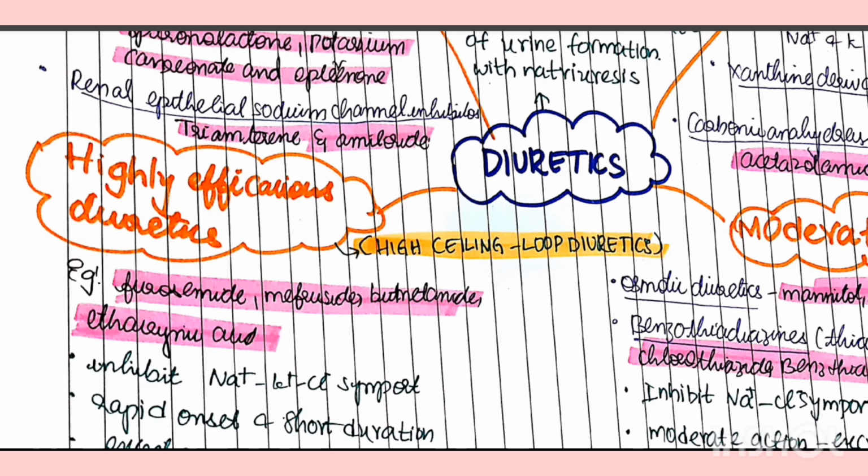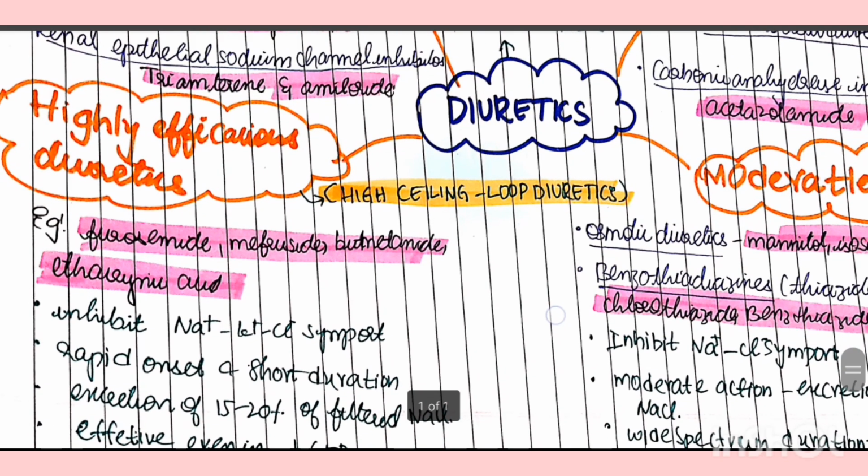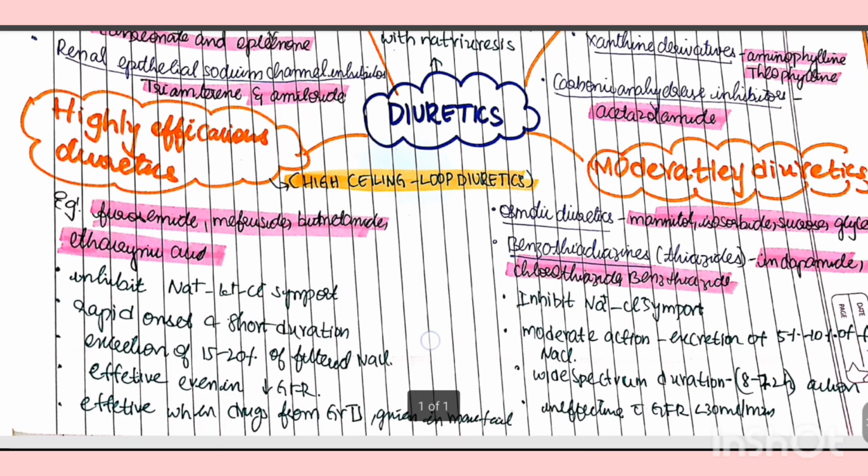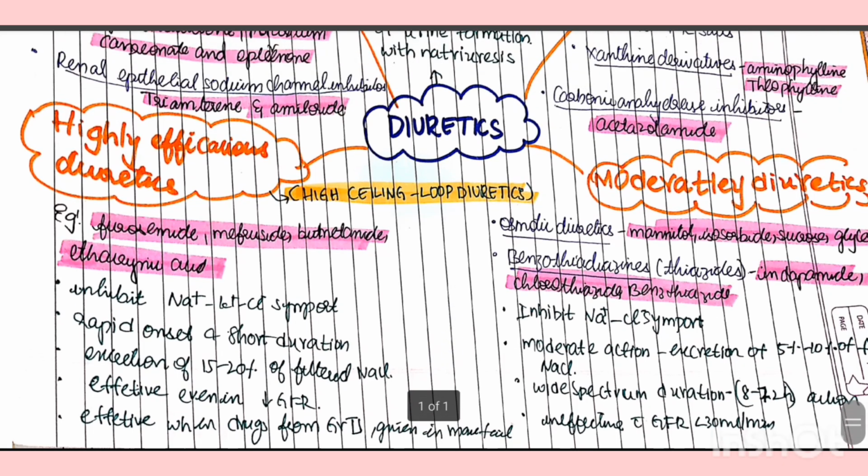Earlier, in moderately efficient diuretics, they inhibit the import of NaCl. Here sodium, potassium and chloride import is inhibited, and its duration is very short. Let's learn it as a comparison. High efficacy diuretics have high efficacy but short duration.